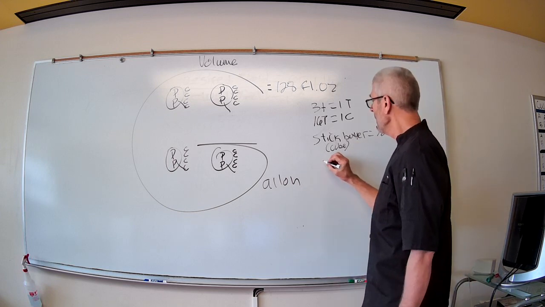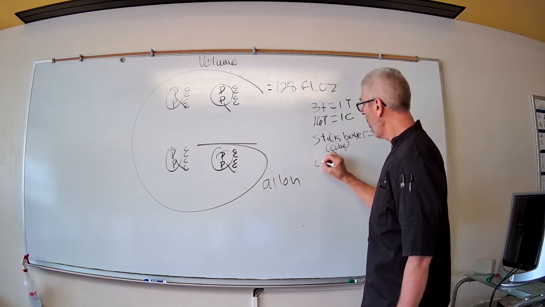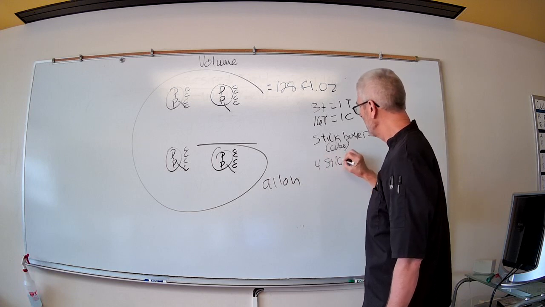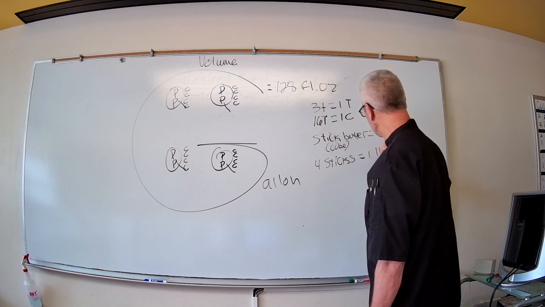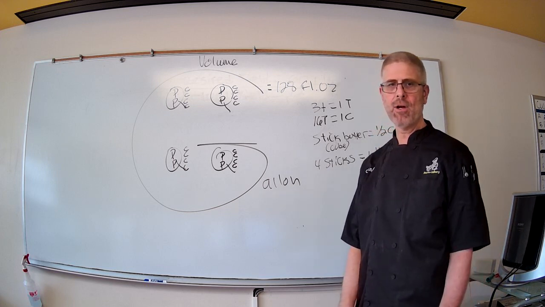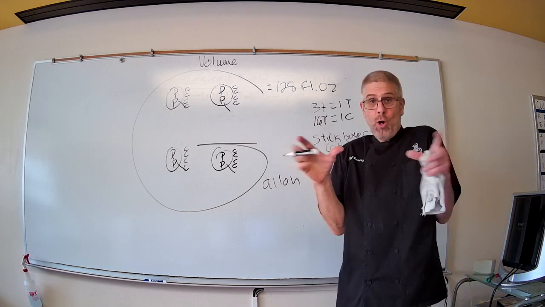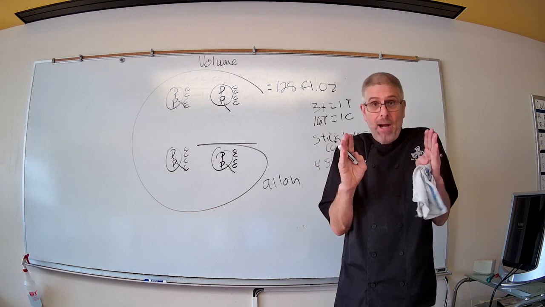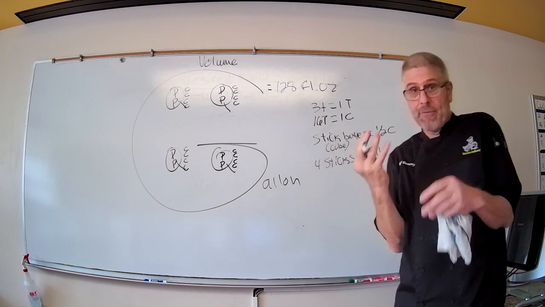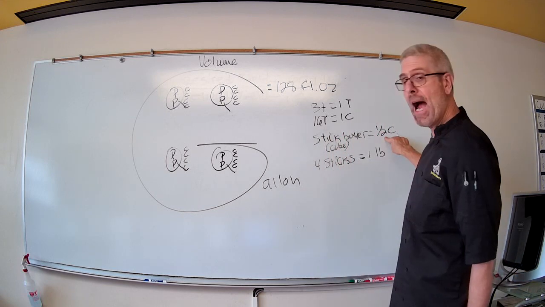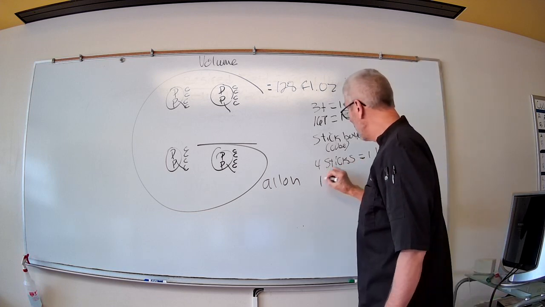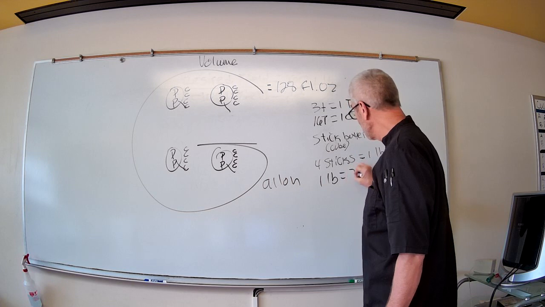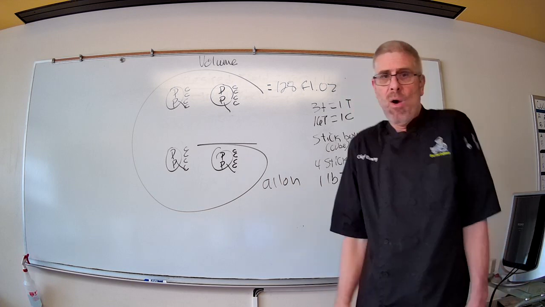Okay? You have to know there's 4 sticks of butter in 1 pound. You have to know that. So you go to the store and buy a pound of butter in a little box, package of butter. There's 4 sticks in it, 4 half-cup sticks. So that means 1 pound of butter equals 2 cups.